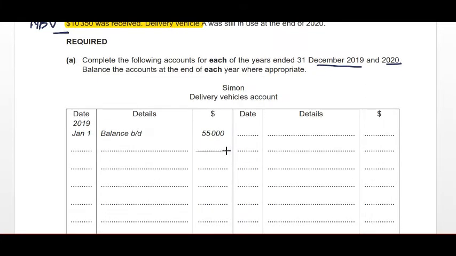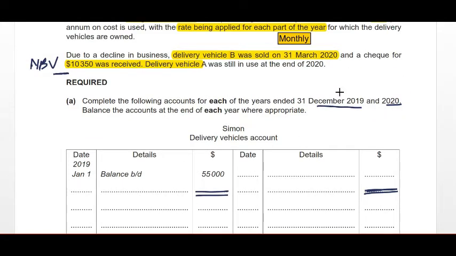So firstly we can simply write this off over here, and then we can start off with the second year, because the vehicle was sold in 2020 and we are making this for 2019. So over here we simply write 2019, and now this date becomes 31st December, and we will write down balance CD.